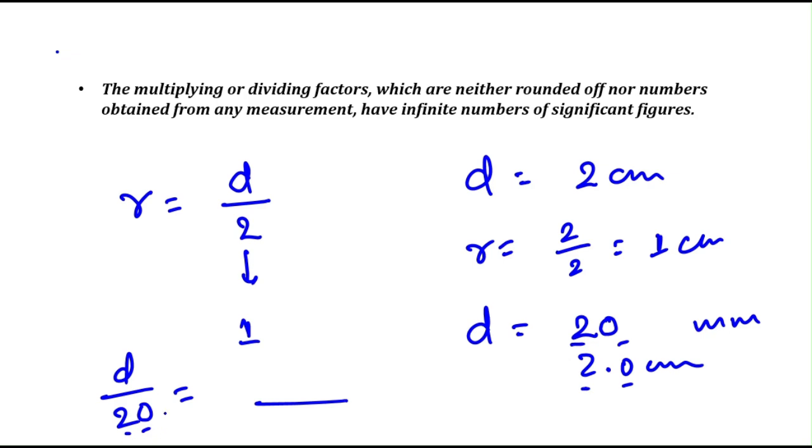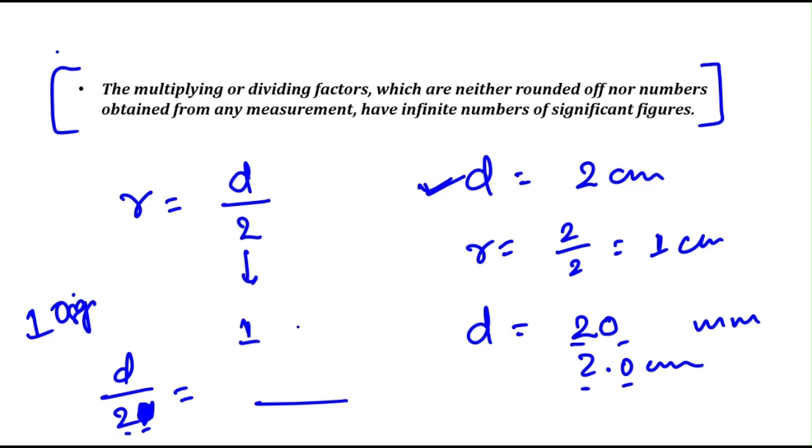So in this way, if there are 10 significant figures in this diameter, then you have to consider that this dividing factor 2 has 10 significant figures in order to retain the number of significant figures in the result. So this is a very important statement we have to keep in mind.